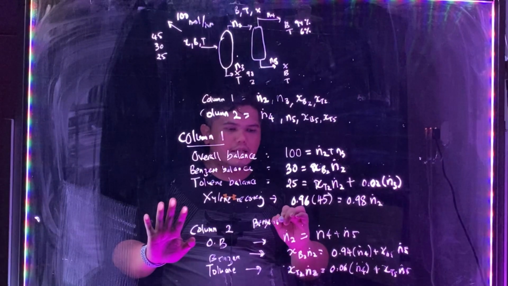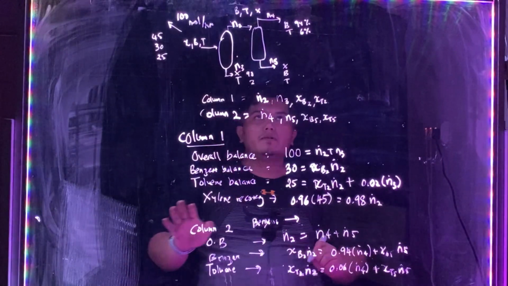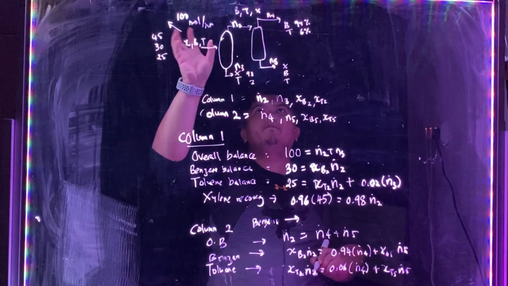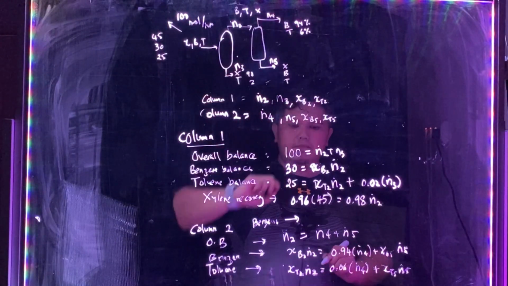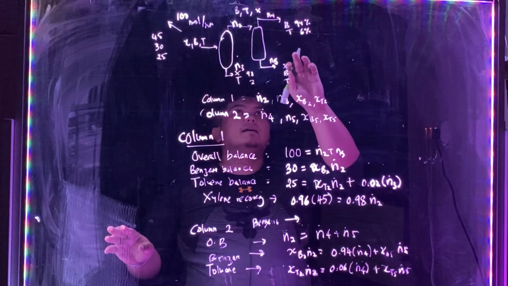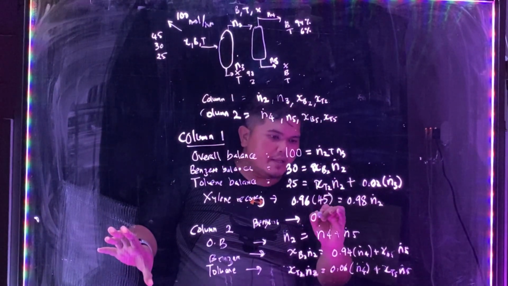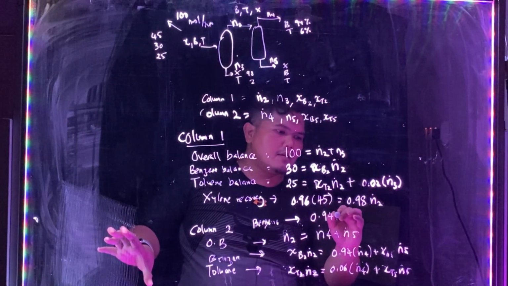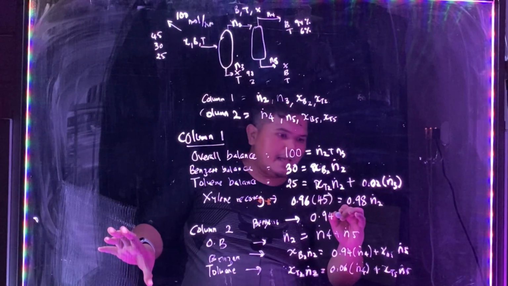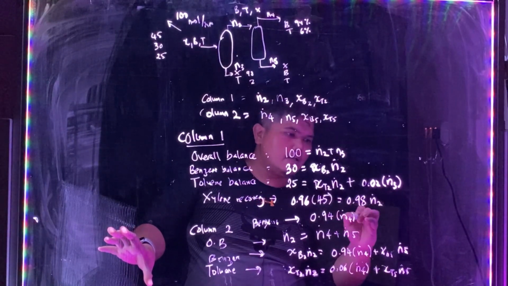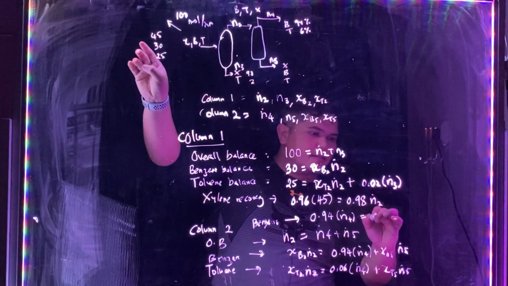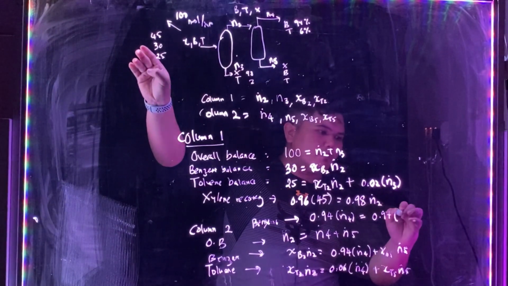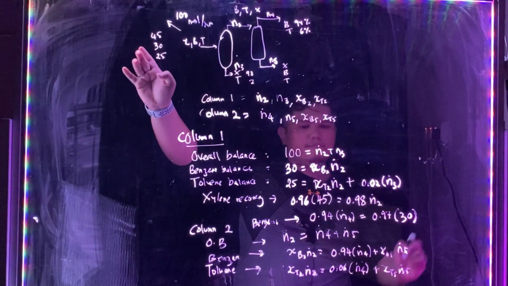For the benzene recovery, we were told that 97% of the benzene goes to the top of the second column. So we know that 0.94 multiplied by N4 equals 97%, which is 0.97, of the total amount of benzene.